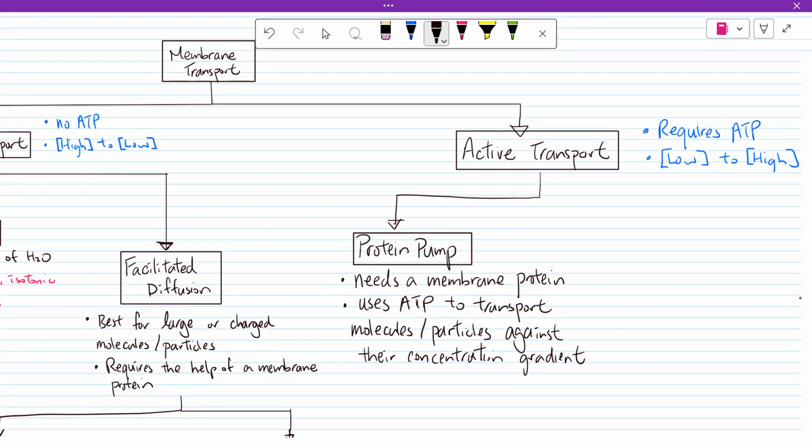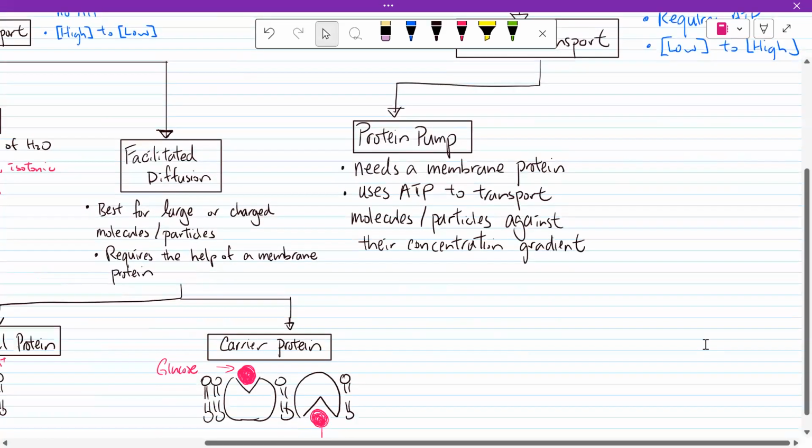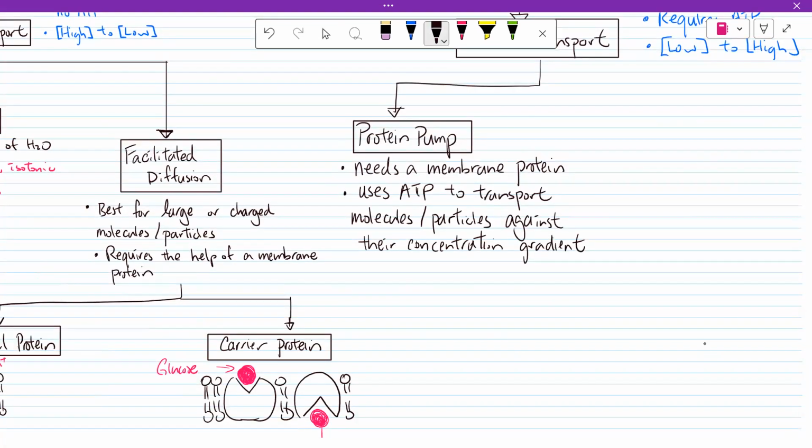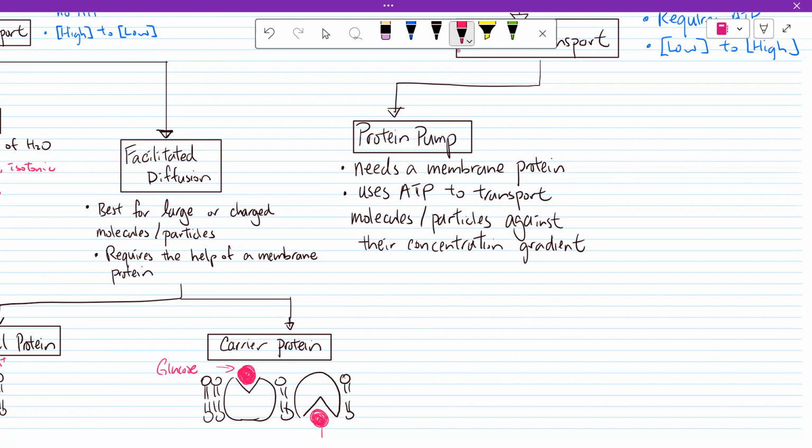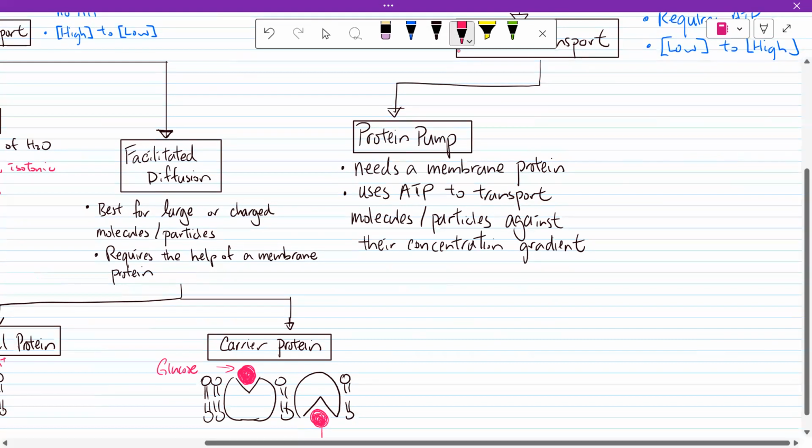Okay, it goes from low to high, uphill, against the concentration gradient. So we had two examples in class. I didn't really talk too much about them.